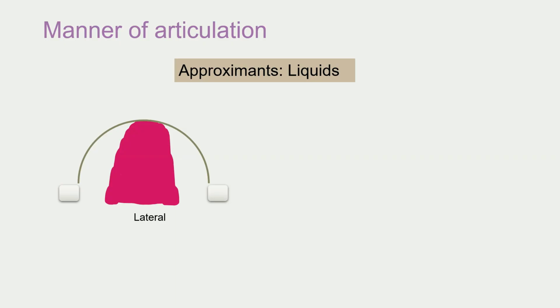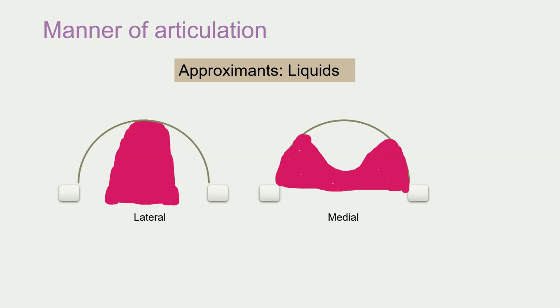There is also an approximant, a liquid, where instead of having the tongue bunched up in the middle, you bunch the tongue up on the outside part. So this is a medial one. But note, this is quite different from the fricatives that we've just seen because the dip in the middle of the tongue is quite big to allow the air to flow straight through.